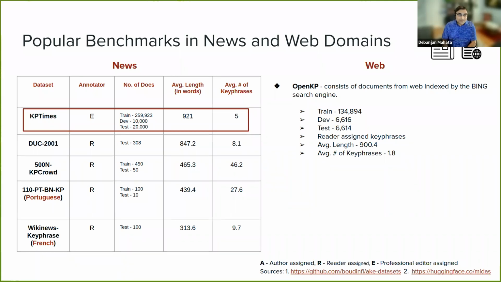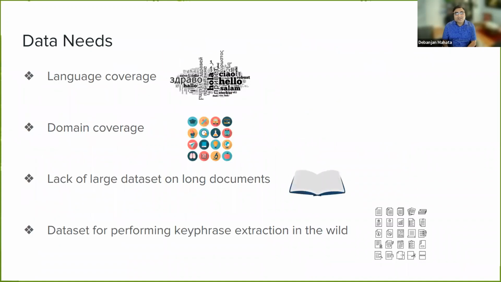So now, given this situation, I think there's a lot of need for data. If you look at the supervised models that we train today for key phrase extraction and generation, if you train in one particular domain, it's very hard to get good performance in other domains.